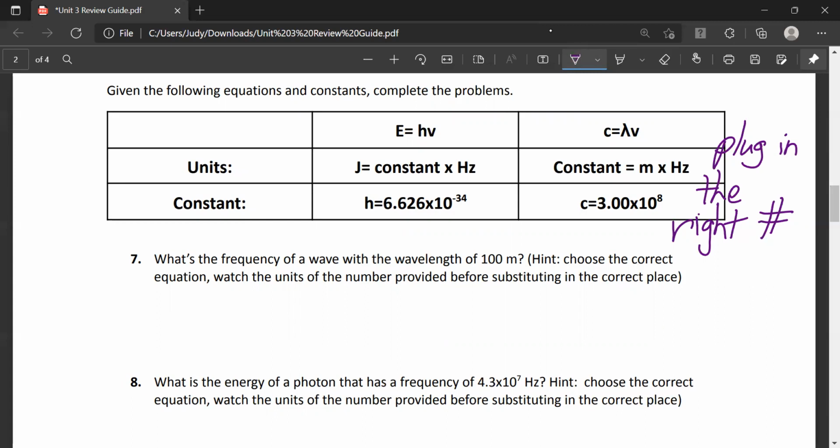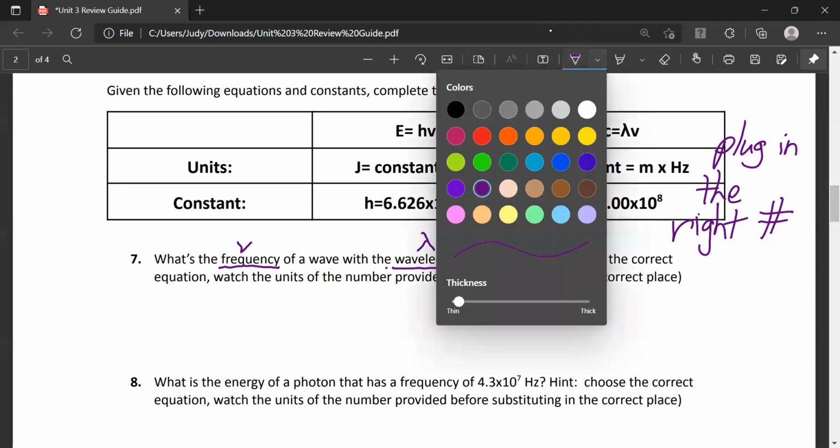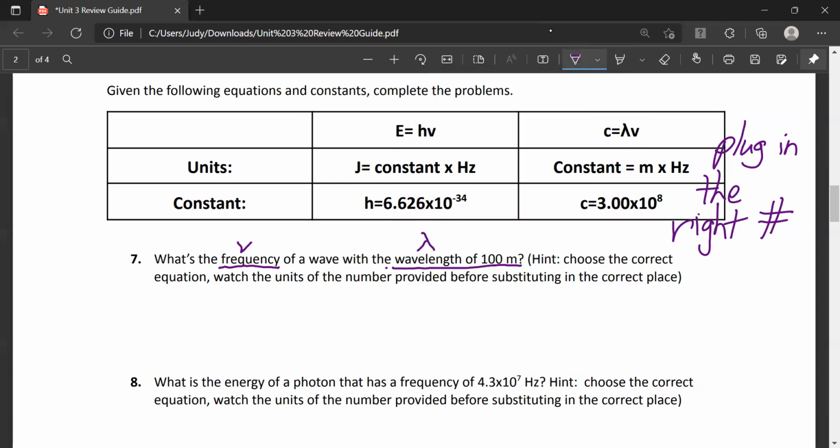So number 7 says, what is the frequency, that's a keyword, of a wave with a wavelength of 100 meters? Since we have frequency, which looks like a v shape, and wavelength, which looks like a wishbone or lambda, the equation we'll use is c equals lambda times nu.